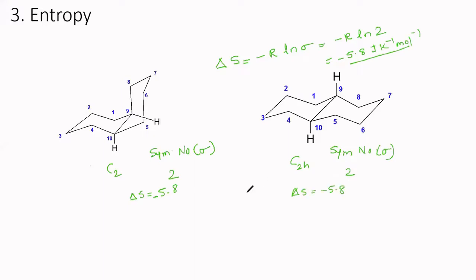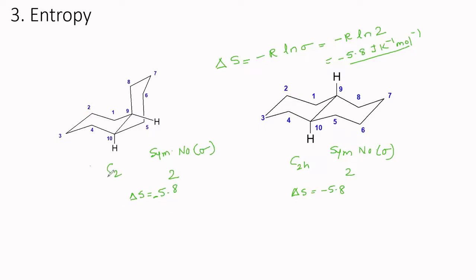But apart from this, there is one additional entropy associated with the cis decalin. What is the additional entropy? When we calculated for one structure, how much did we get? Minus 5.8. But we know that this structure undergoes flipping to another structure. The second structure we get after flipping is also the mirror image of this one. And if it is the mirror image, what will its symmetry operation be?